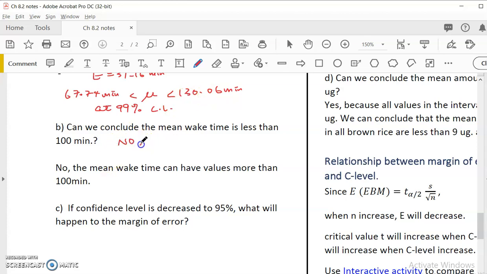So we say no. A lot of values in this confidence interval are more than 100. There are some that are less than 100. So it could be, but we cannot be 99% confident.